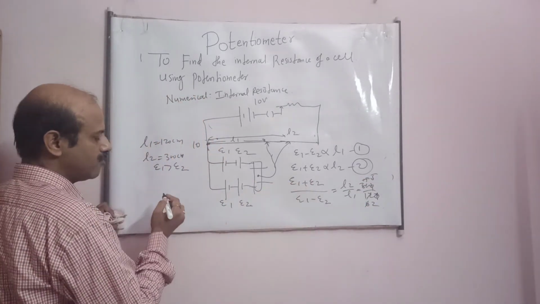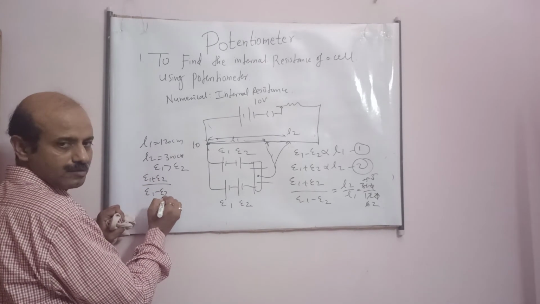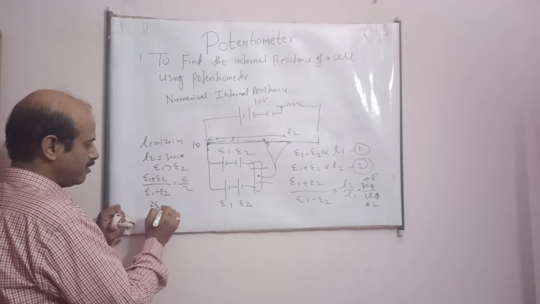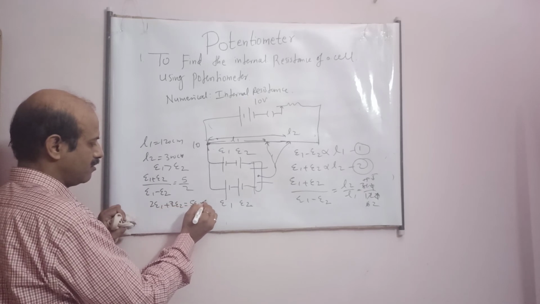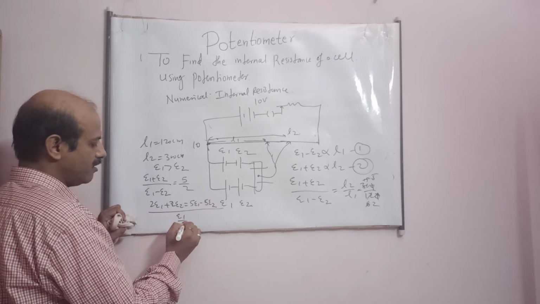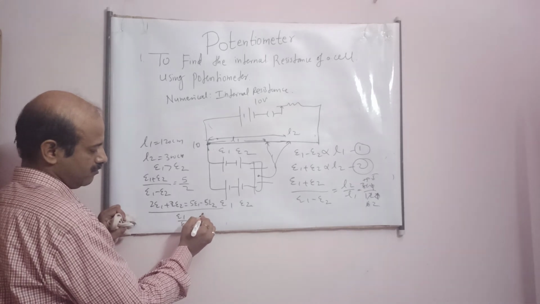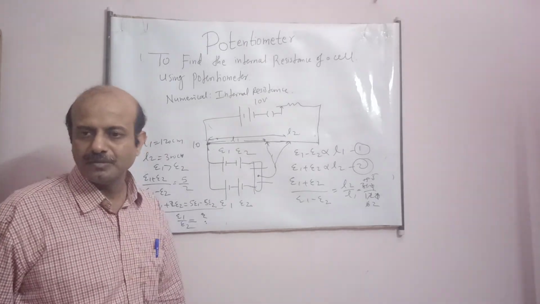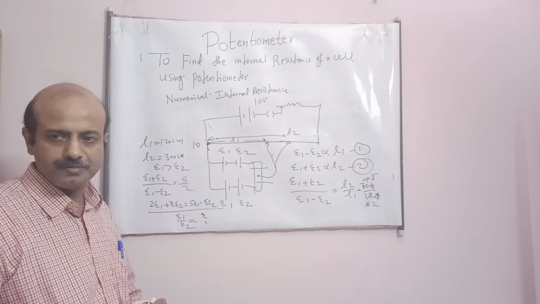I am solving it here, student. I got the ratio like this. By solving this, student, you will get the ratio. Okay, student. So this is the one numerical which you have.